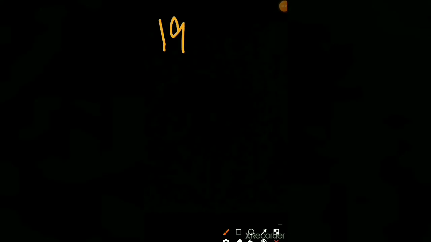Now the next number, that is 19. So for 19, the criteria is that the last digit should be multiplied by 2 and added to the remaining digits, and if that total is divisible by 19, then the whole number will be divisible by 19. Let's take an example. Okay, so 361.